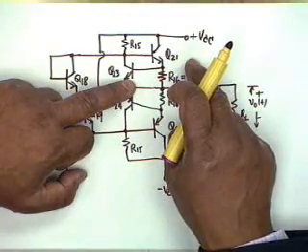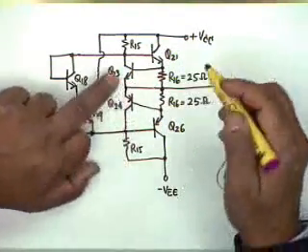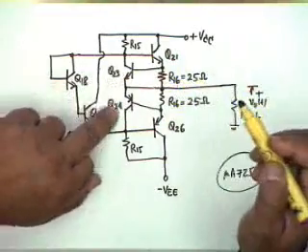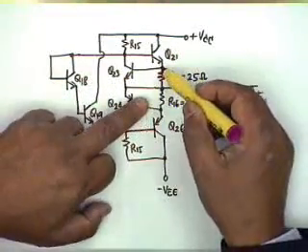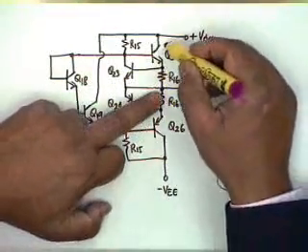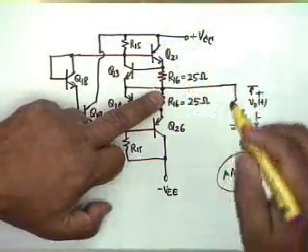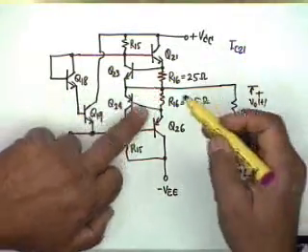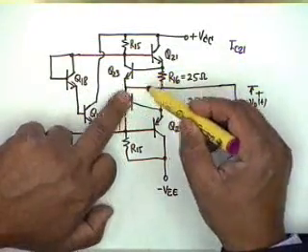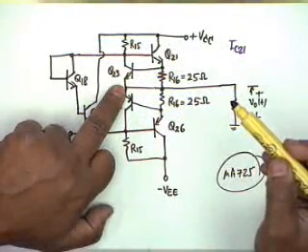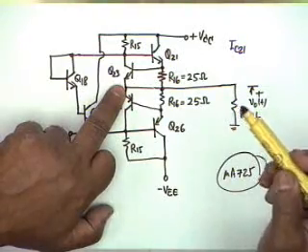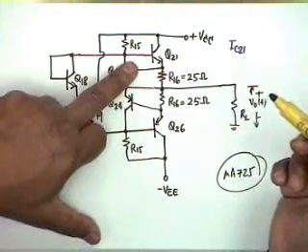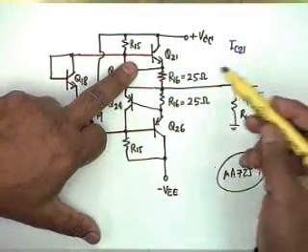On the other hand, if Q23 and R16 are there, then when the collector current of Q21, IC21, is small, the drop across the base to emitter of Q23 will be less than VBE23 on, which is about 0.7, and therefore Q23 does not come into the picture and the total current goes to the load RL.